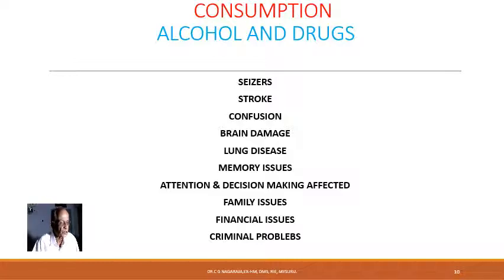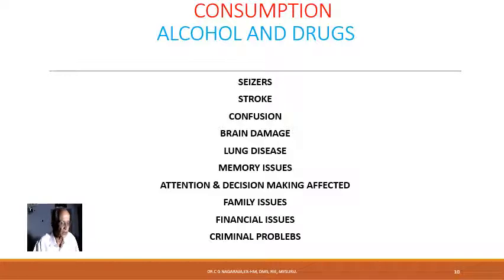The stroke refers to a shot in the brain. The blood vessels may break and it may lead to death even. And there may be some other things like confusion, and your cerebrum may not work properly. Cerebellum will not work properly, and like that, your memory may go away. Your decision making may change.